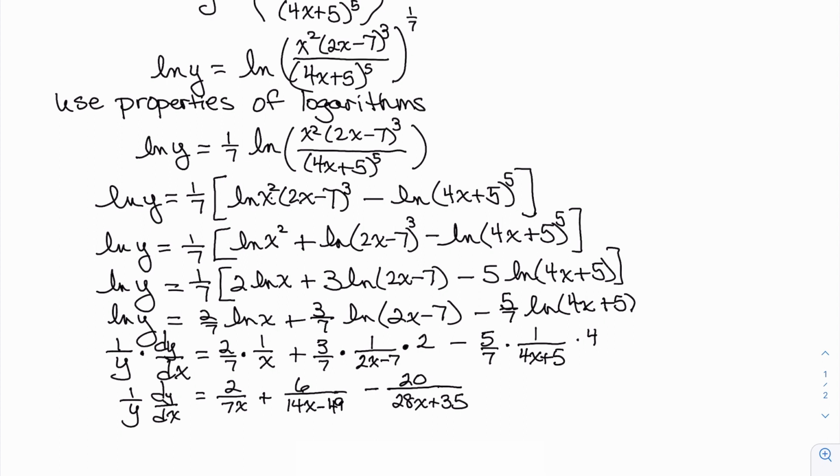The next thing, we want to solve for dy/dx. So we are going to multiply both sides by y over 1. And it's the entire side that gets multiplied by y over 1.